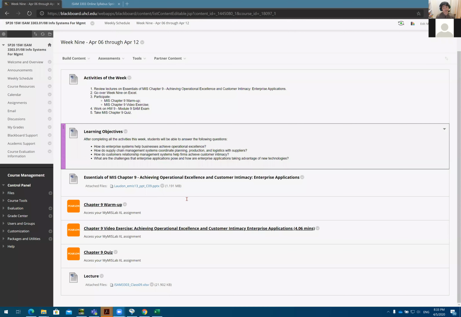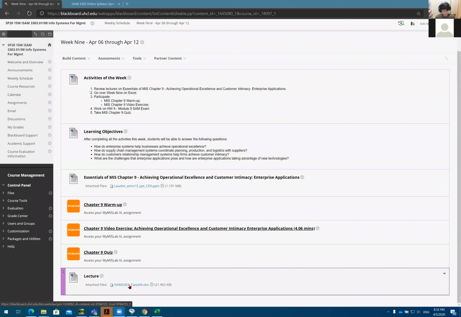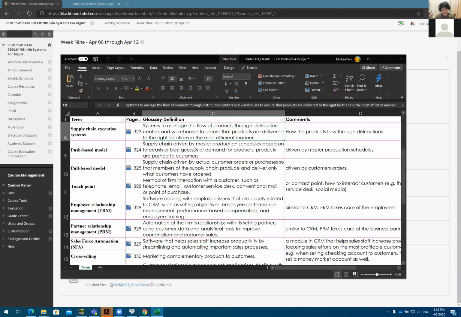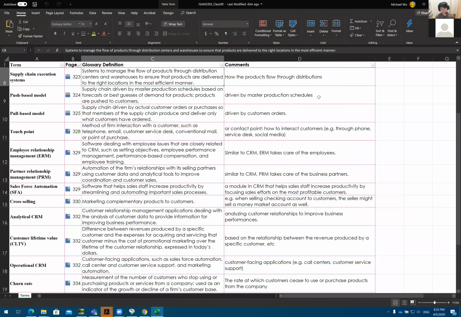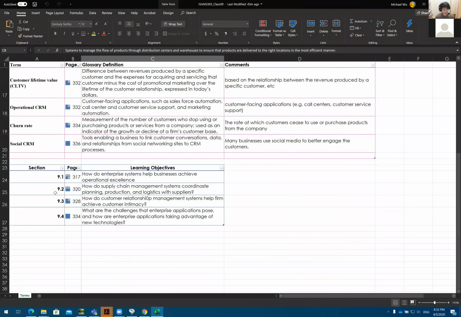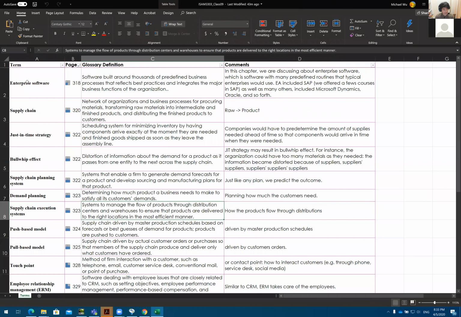Okay, back. So you can download this class 9 Excel, which is basically this spreadsheet. And so here we have the terms available for this chapter.